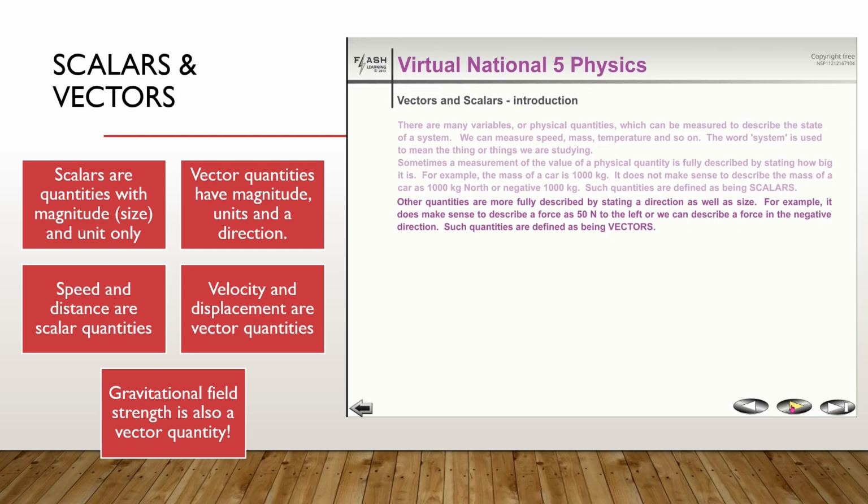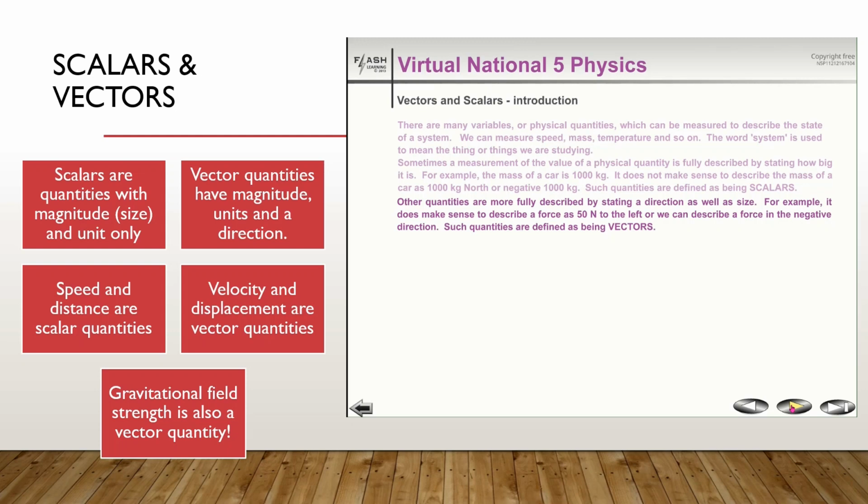Now, the easiest way to picture whether it's a scalar or vector quantity is by thinking about forces, because forces are quite easy to picture as vector quantities. If you've got two of you driving down the road, the car breaks down and you need to give it a push. If one person pushes from the front and one person pushes from the back, the car's not going to go anywhere, right, if you're pushing with the same force.